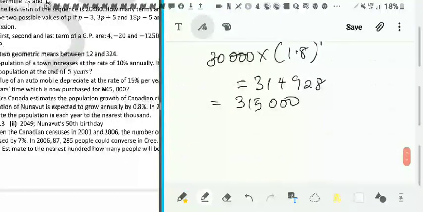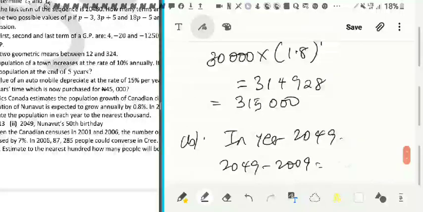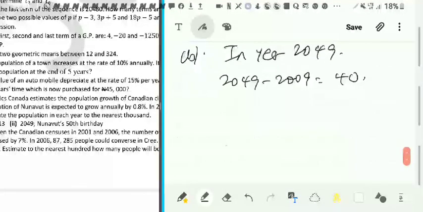Okay, let's solve for B in year 2049. So 2049 minus 2009, we're projecting for the next 40 years. What's going to be the population in the next 40 years? That's T41, AR40.